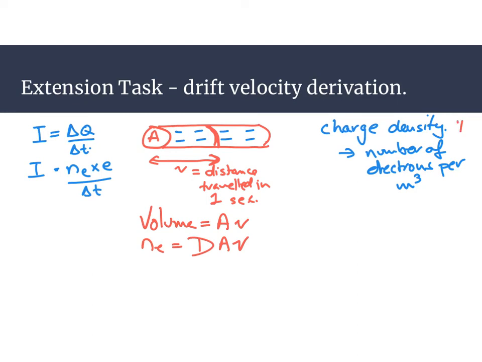So we're calling the charge density in this particular case D. And so we get the density of charge, the area, that's the number of electrons. So if we go back to our other formula here that we're deriving, what we get then is the current is going to be equal to the charge density times the area times the velocity, times the electric charge.